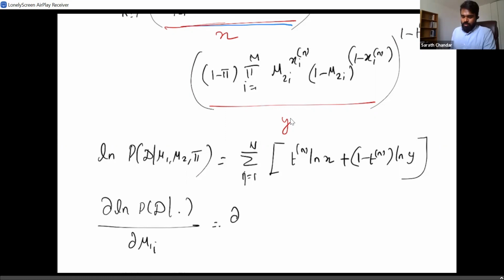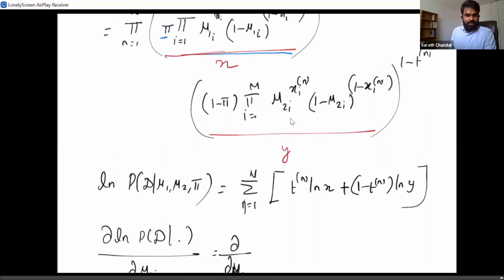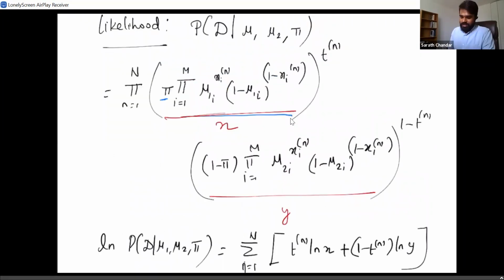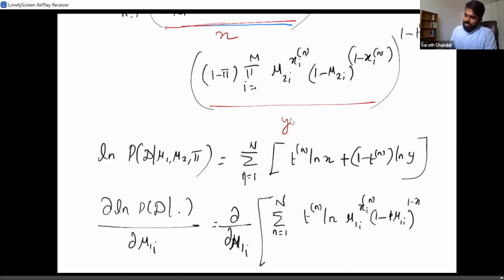Remember that there is no mu1 in the second term, so it is just the first term. So it becomes summation over n is equal to 1 to N, t of n ln of mu1i to the power xin times 1 minus mu1i to the power 1 minus xin, the whole summation.